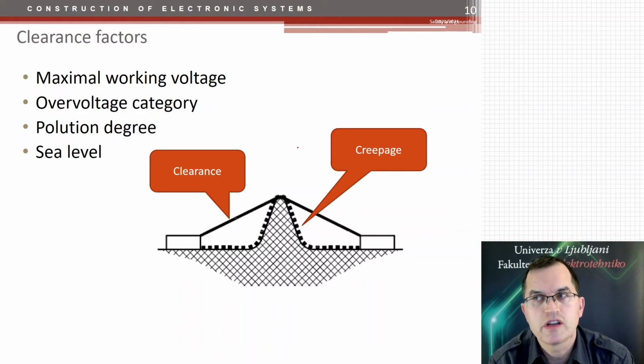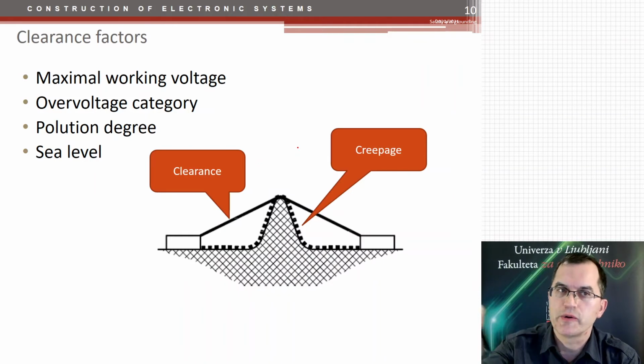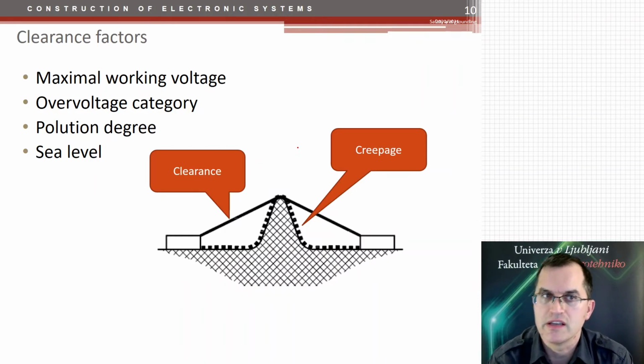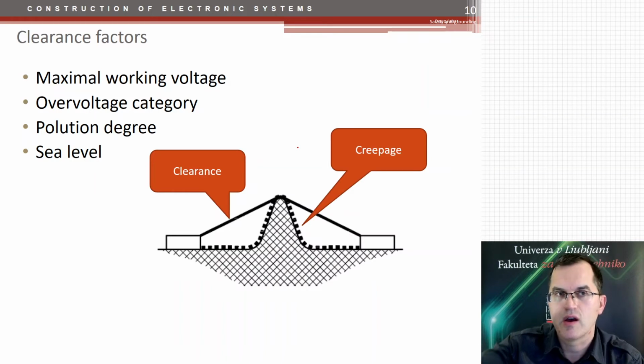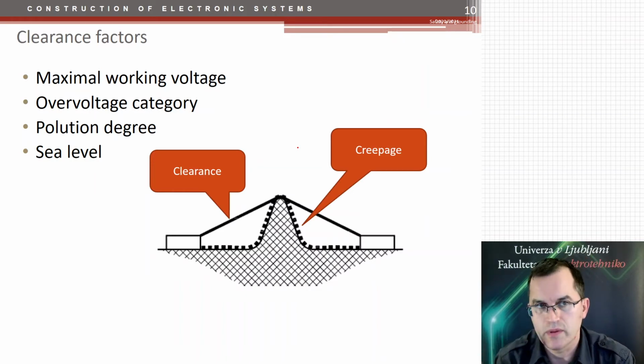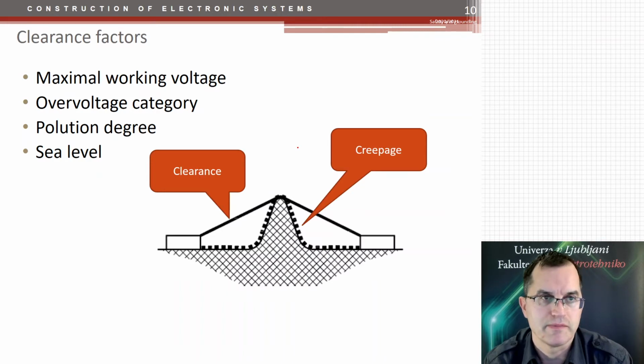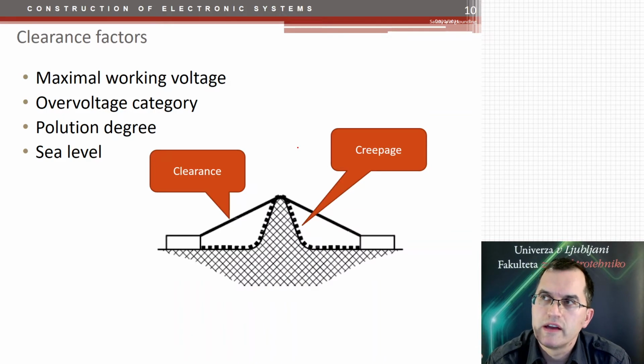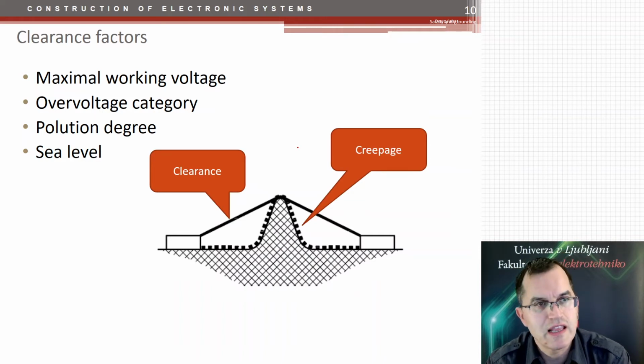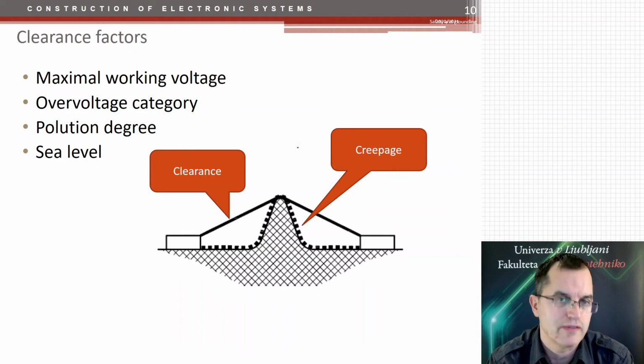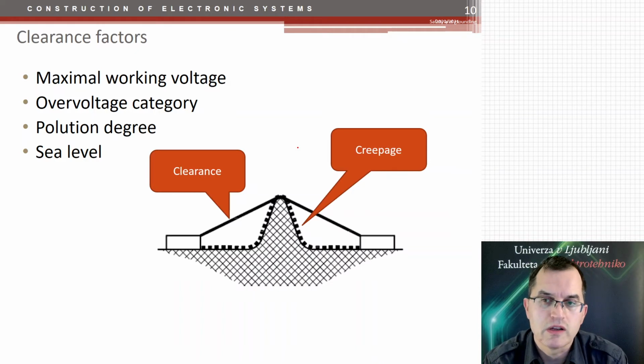The overvoltage category defines where your device is plugged in, whether it's in the house or outside. Is it on the mains power supply, or is it behind the main fuse panel, for example? The pollution degree talks about the environment. Are you indoors or outdoors? Are you in an industrial environment, or are you in an office? And the sea level talks about the density of air, which strongly influences the breakdown voltages.